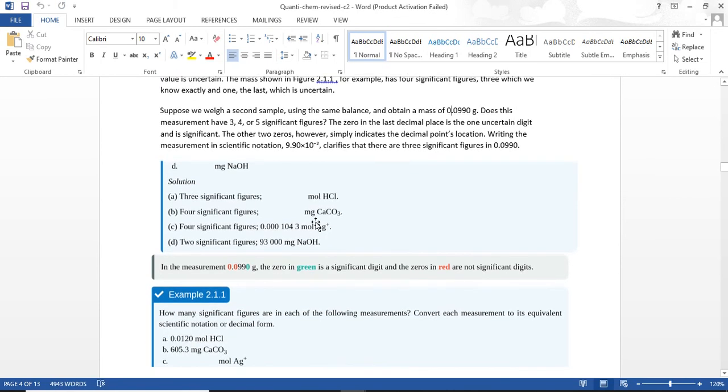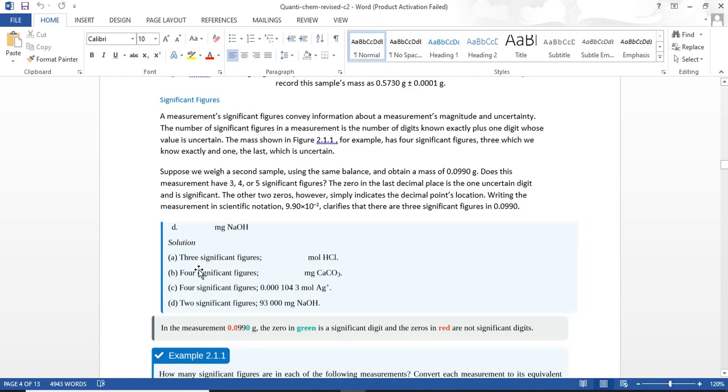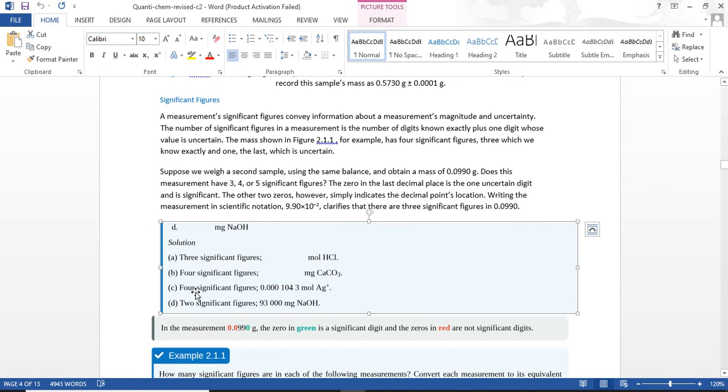We have here solutions, for example an amount of NaOH, with significant figures for HCl, four significant figures for your CCO3, and four significant figures for the next one. If you are talking about significant figures, all non-zeros from 1 to 9 are considered significant.